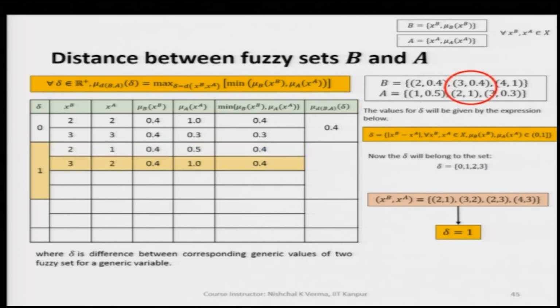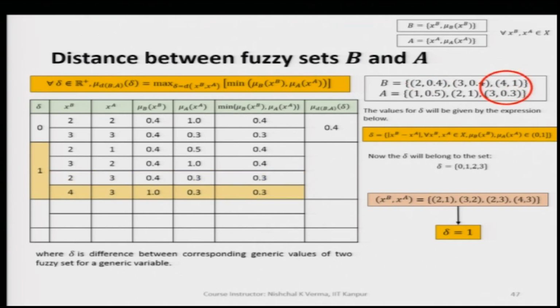The next pair is 3 2, then the third pair is 2 3, and the last pair, the fourth pair, is 4 3.